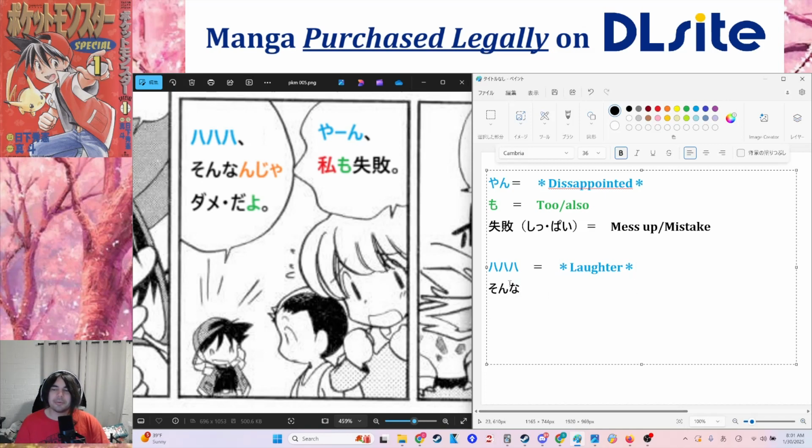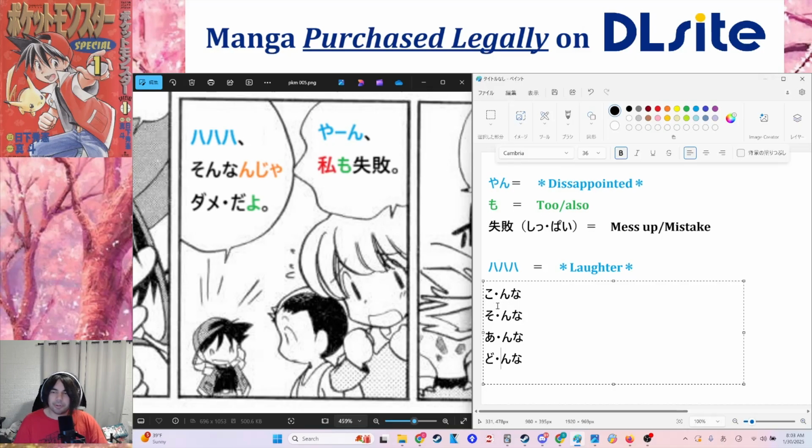Sonna. We have another member of our ko so ado pattern here, this being so. As you should remember from before, ko is like saying this, so that, a that over there, and do, which. You cannot always use them this way, but most of the time that is the idea that they're trying to get across.